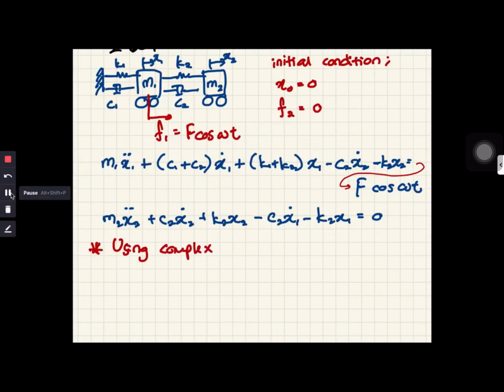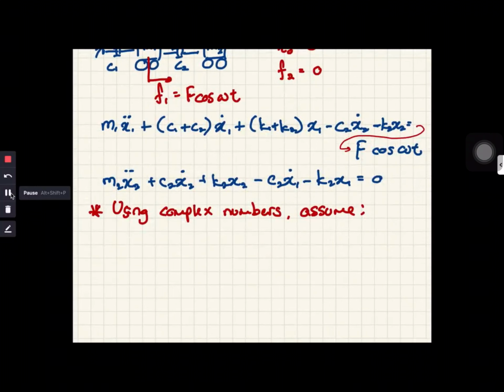Using complex numbers, we assume the first one will be z1 is equal to x1 plus i y1, and z2 is equal to x2 plus i y2.